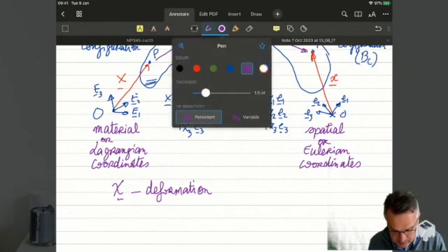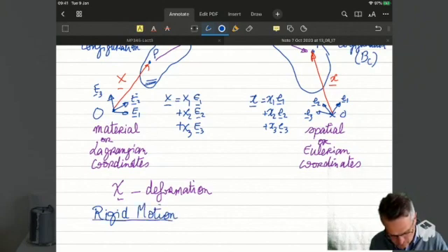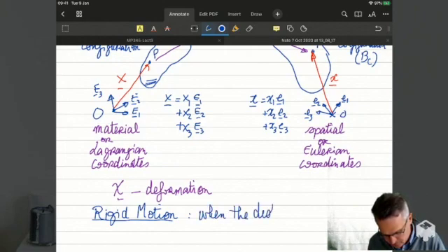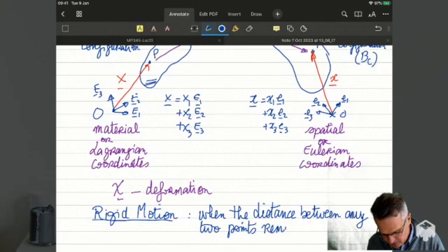Okay, I'll just give you a very simple example of a deformation, a rigid motion, when the distance between any 2 points remains unchanged.